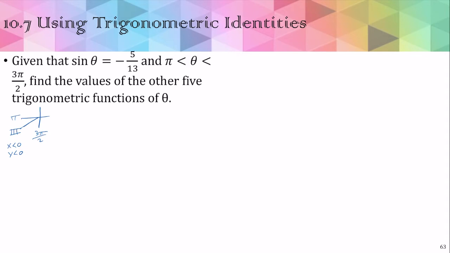All right, since we know sine, we could find cosine. So sine squared theta plus cosine squared theta equals 1. Well, sine is negative 5 over 13. So when I square that, there'll be 25 over 169.